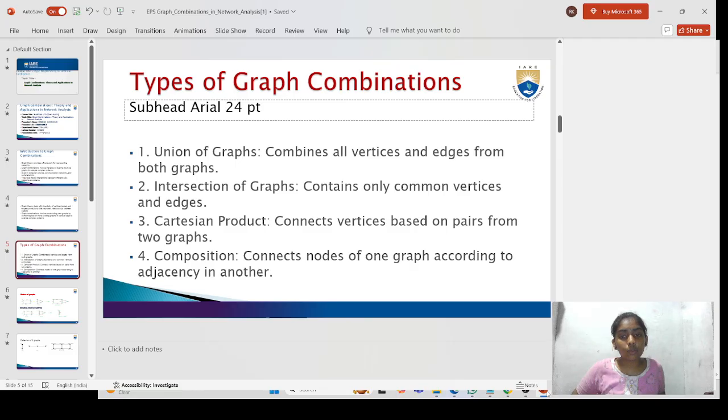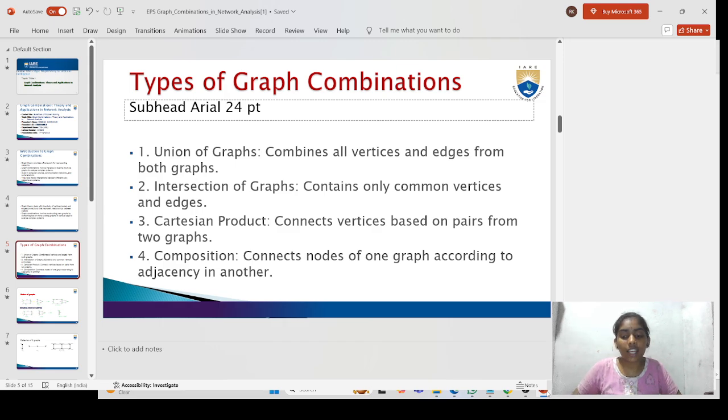It contains only common vertices and edges. Third, Cartesian product connects vertices based on pairs from two graphs. Fourth, composition connects nodes of one graph according to adjacency in another. These are the four types of graph combinations.